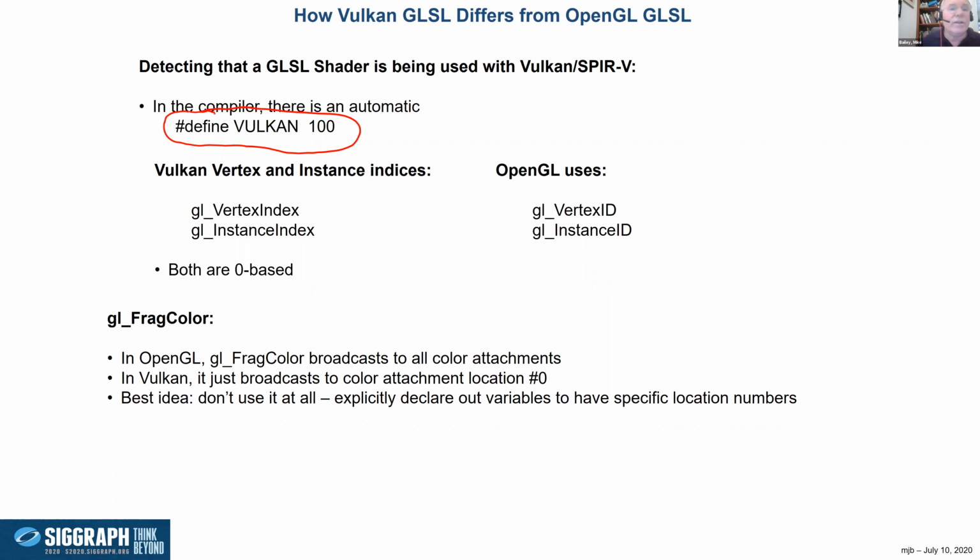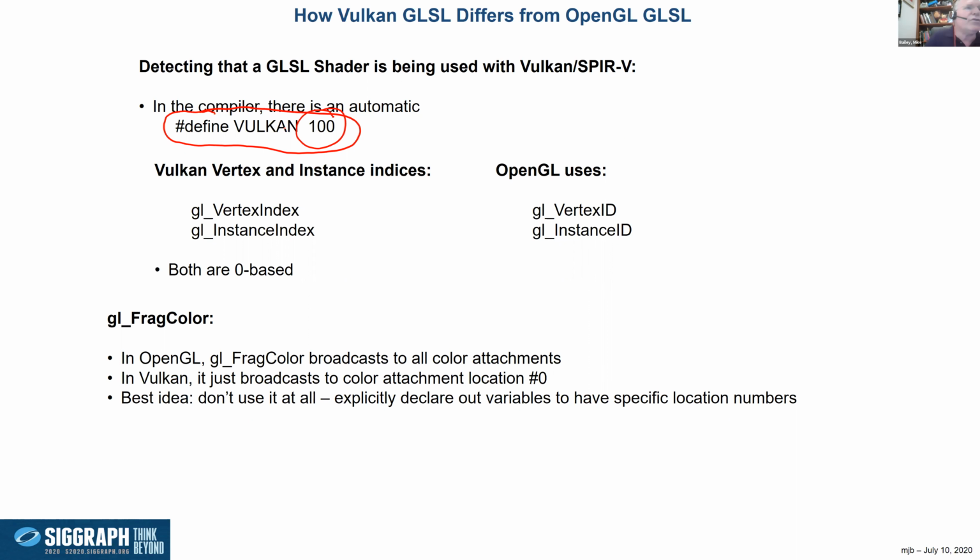And that's great, because if you've got some differences between your OpenGL version of that shader and your Vulkan version, then all you have to do is use ifdefs. #ifdef VULKAN, then do it this way, #else, do it this way, #endif. And so it's great.